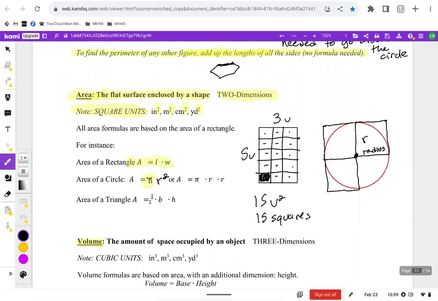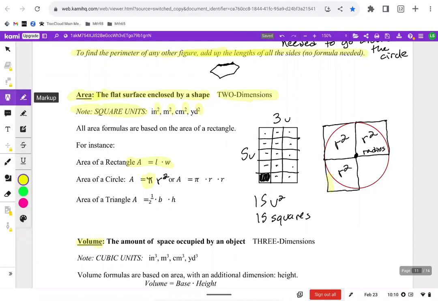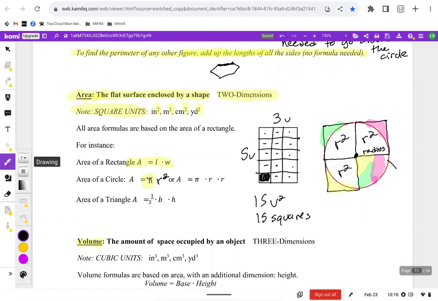So this is r squared, this is r squared, and this is r squared. And if I take off these little outside areas and cut them up and move them over here, it turns out that they almost perfectly fill in that extra spot with just a little blank spot. So it isn't exactly 3 r squareds, it's 3.14 r squareds. Pi times the radius times the radius.